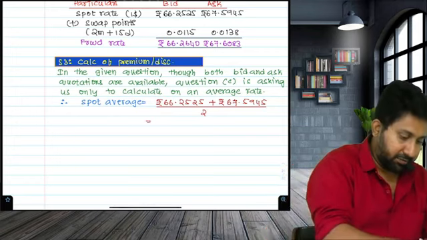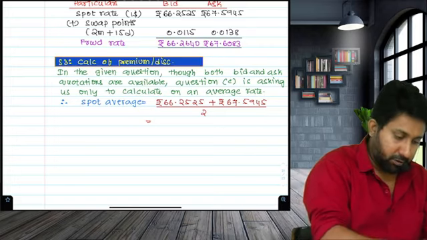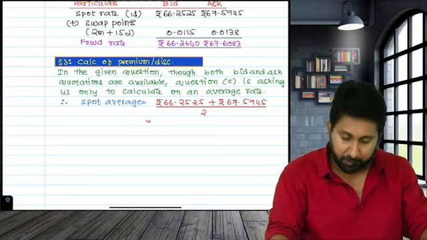66.2525 plus 67.5945 divided by 2, 66.9235.